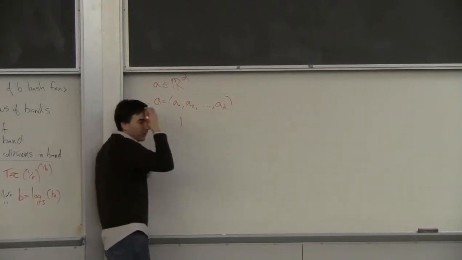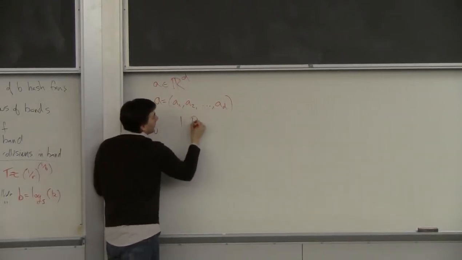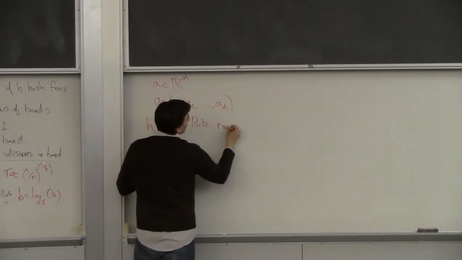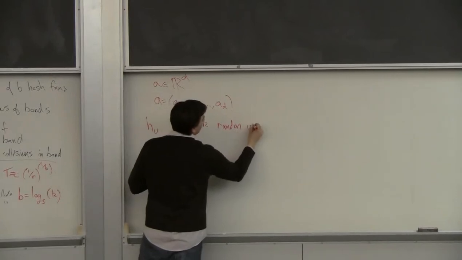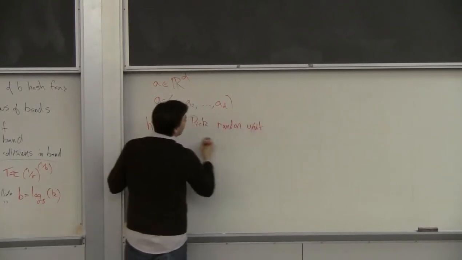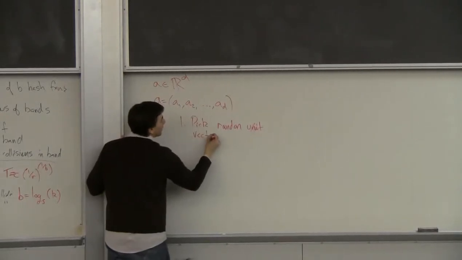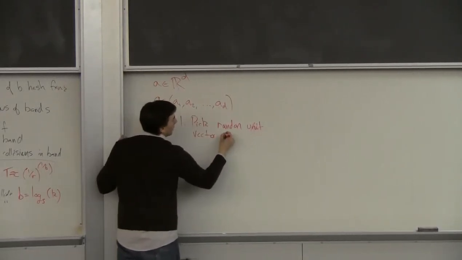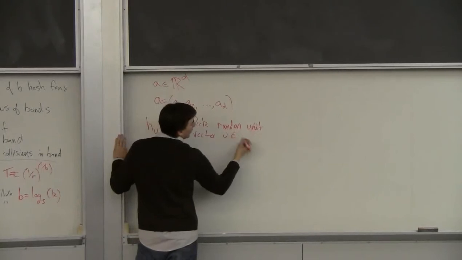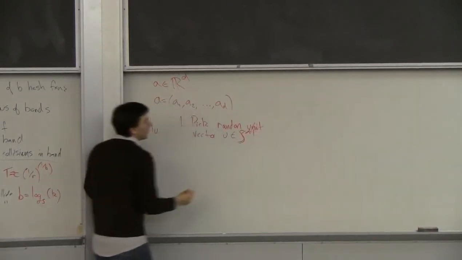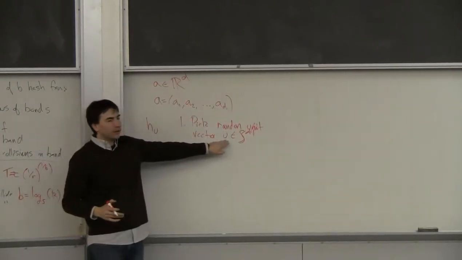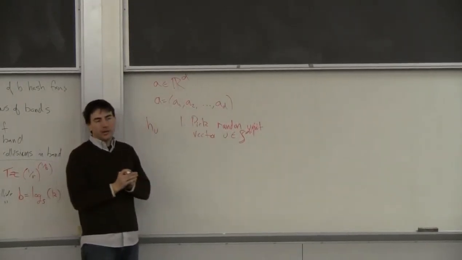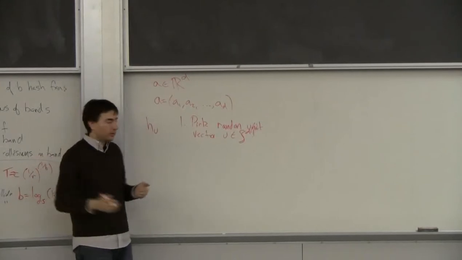The first one is I'm going to pick a random unit vector u. This unit vector is a d-dimensional vector, but its norm, its length, is 1, right?